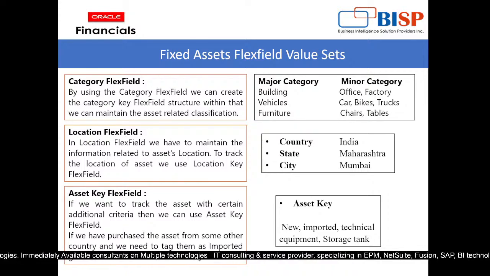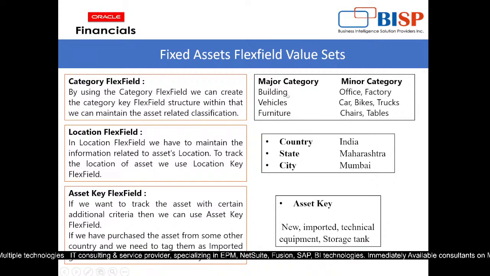By using the category, we can create the category structure within which we can maintain the asset related classification. If you see the example over here, we can have 2 categories, like major category and minor category. Major category can have the values building, vehicles, furniture. This major category can be an independent value on which there can be a dependent value like minor category.